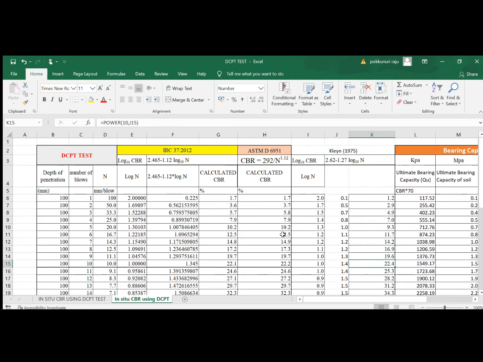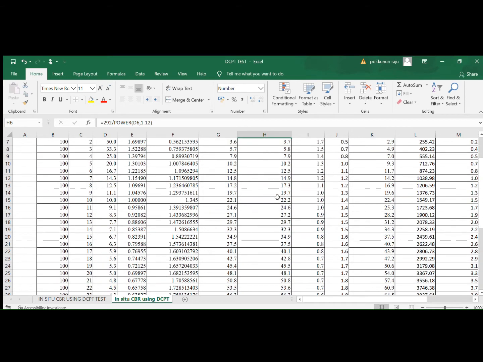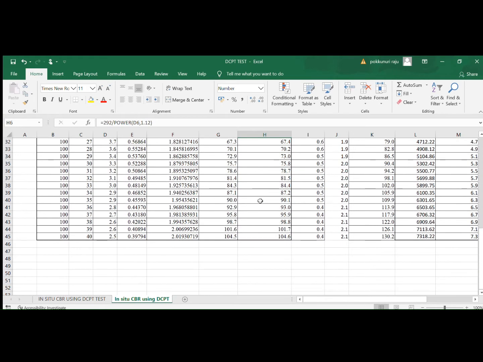But for my predictions, I will be using the equations developed by IRC 37 or ASTM D6951, because they are approximately equal and match each other from the first value until n is equal to 2.5.